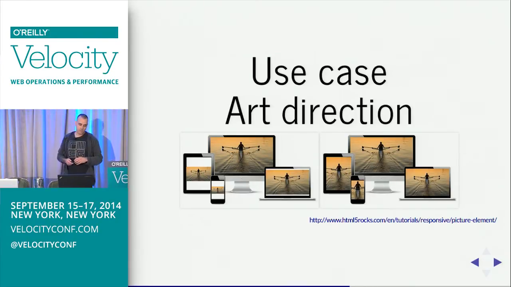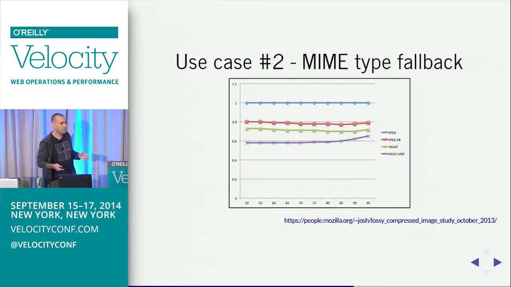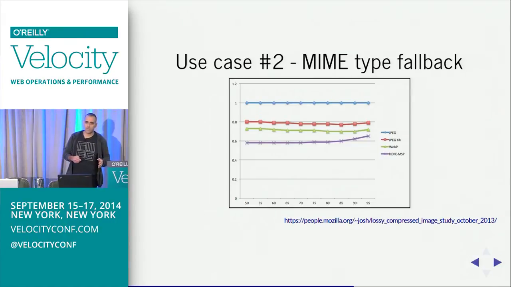And the second use case is MIME type fallback. Because whether we like it or not, the web today is fragmented when it comes to image formats. Google has WebP, Microsoft has JPEG XR, and everyone supports the old three legacy formats, JPEG, GIF, and it's GIF, not GIF, I'm sorry.